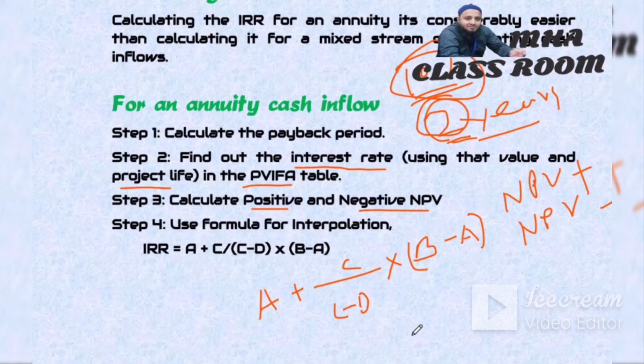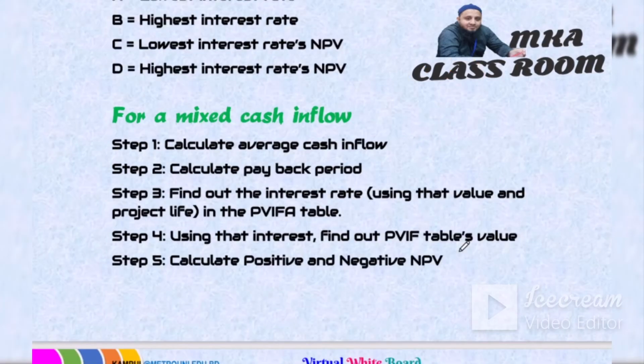So at first you have to calculate the average cash inflow, calculate the payback period, find out the interest rate using the value and project life in the PVIF table, and using that interest rate, find out the PVIF table values. So that is another point: you have to calculate the average cash inflow.